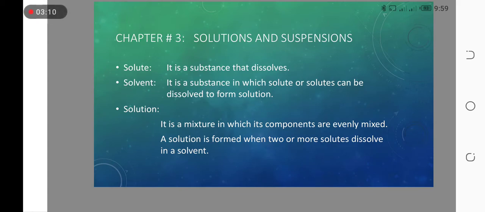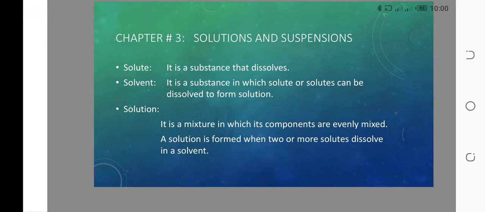Now, coming to the solvent: a solvent is a substance in which one solute or more than one solute can be dissolved to form a solution. For example, if you take water as the solvent and mix in both sugar and salt, then both solutes will dissolve into the water. This is an example of using more than one type of solute.